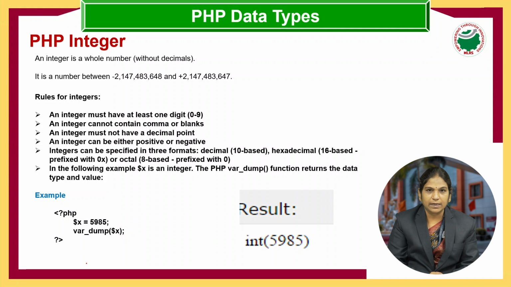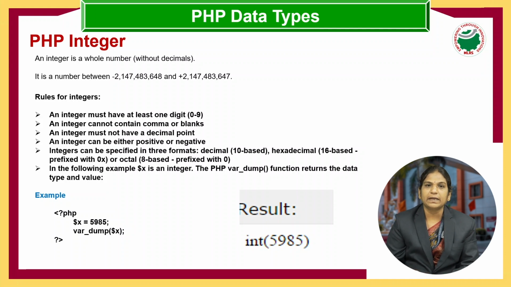So var_dump of $x: what is the data type of $x? To know that, we use the function var_dump. Based on the value, it is automatically converted to its specific data type. Here $x contains the numeric value 5985, so it comes under the category of int.